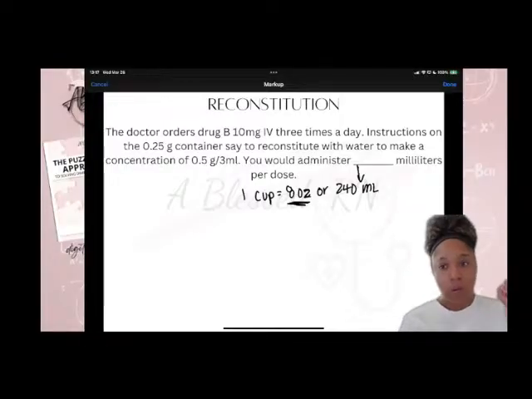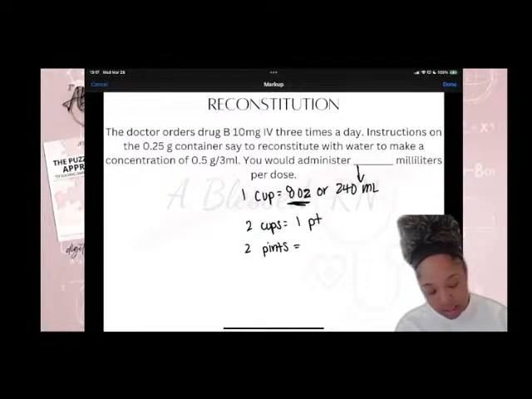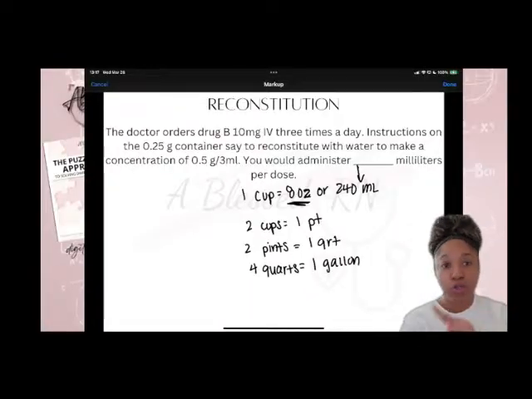Your 2 cups equals 1 pint. 2 pints equals 1 quart. 4 quarts, like a quarter, equals a gallon. So you see 2 to 1, 2 to 1, 4 to 1.